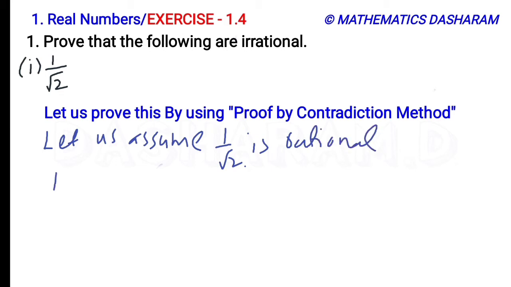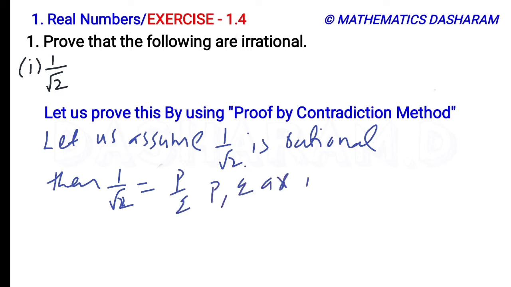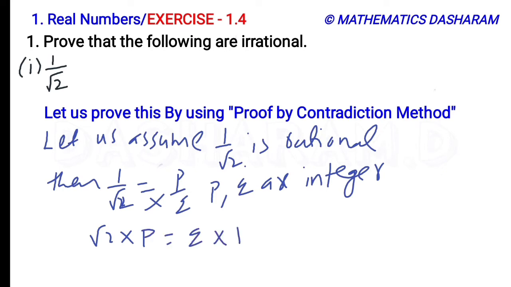If it is a rational number, then 1 by root 2 equals p by q, where p, q are integers, because every rational number can be written in the p by q form. Then do cross multiplication. Root 2 into p equals q into 1. So root 2 equals q by p.